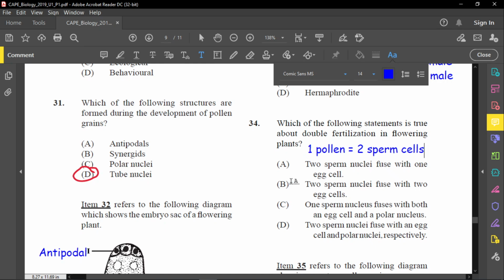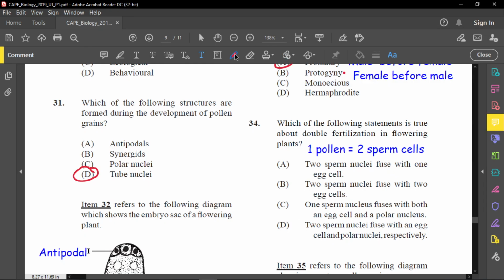So double fertilization is when both the egg or the ovum is fertilized along with the polar nuclei to form the endosperm. And this is in plants, just to make a note of that, right? So option D looks like our perfect answer right here. So 2 sperm nuclei, definitely coming from one pollen, fused with an egg, so an egg is being fertilized along with a polar body. They do this at the same time. All right, that's what we call double fertilization.